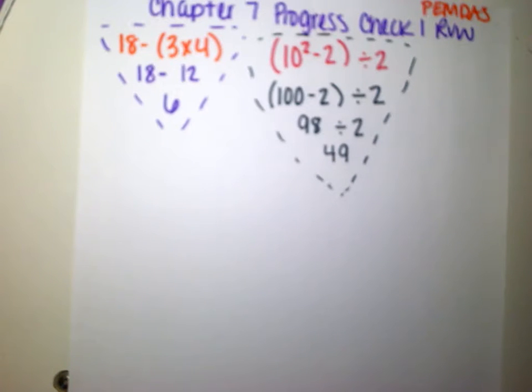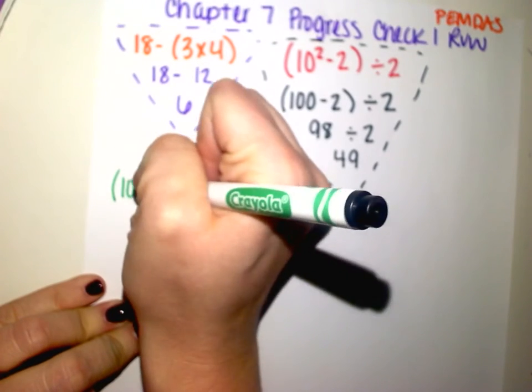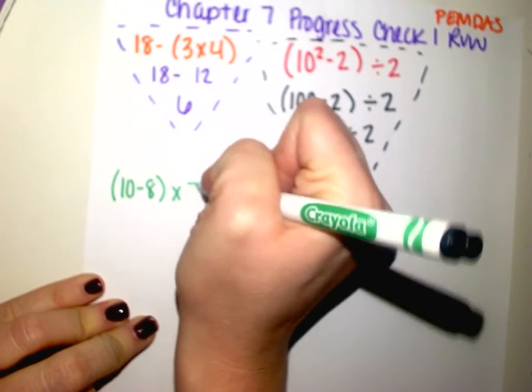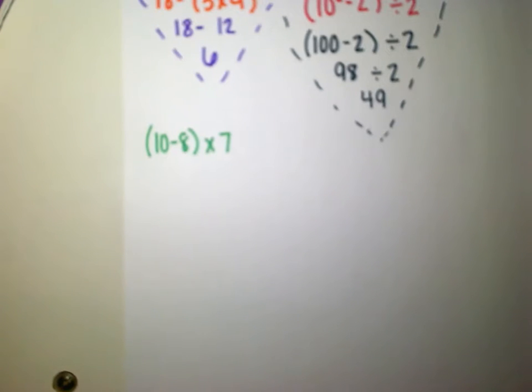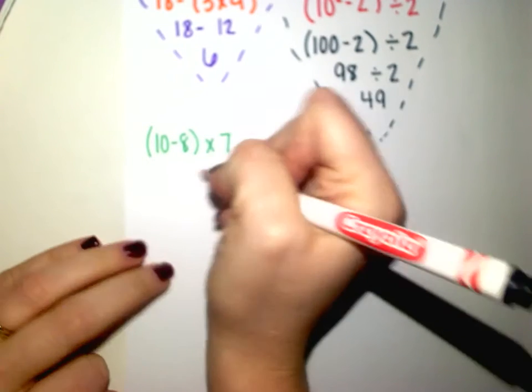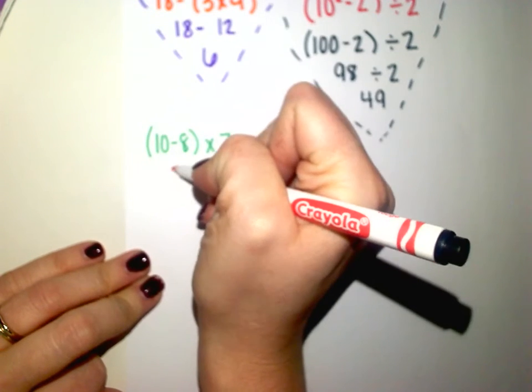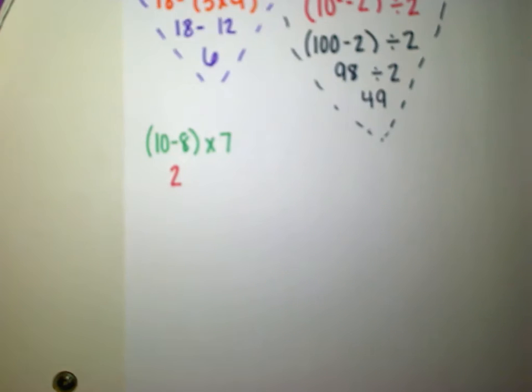Okay. Next one, let's do 10 minus 8 in parentheses, and then times 7. Okay, first thing I'm going to solve here, what's it going to be? According to PEMDAS. Andrew. 10 minus 8. Very good, which is? 2. Good. And when I solve the parentheses, it kind of breaks free.